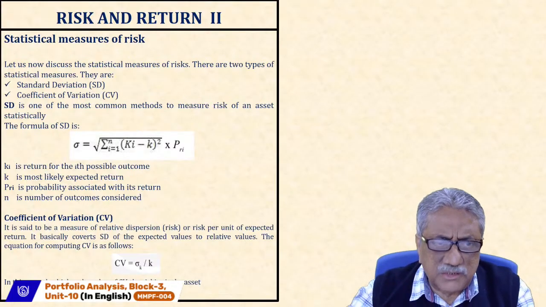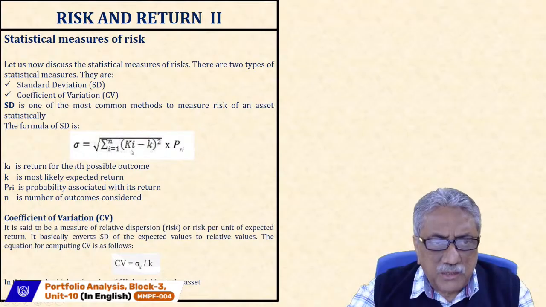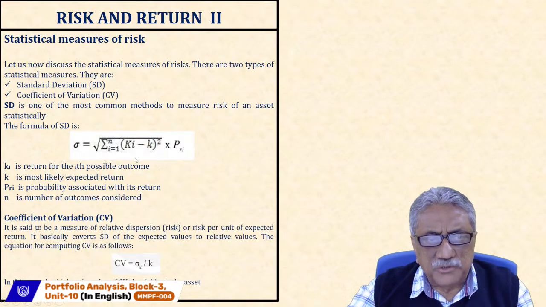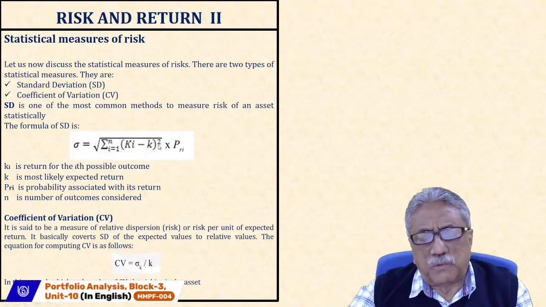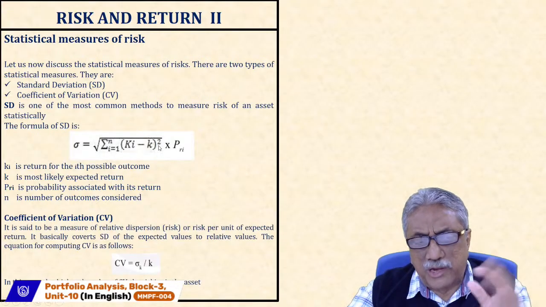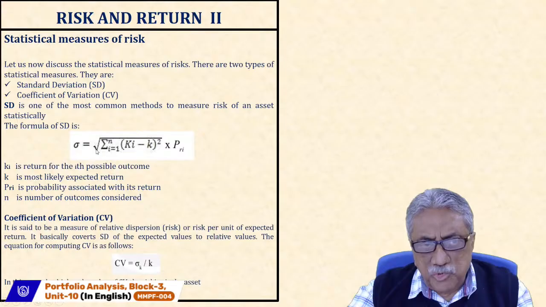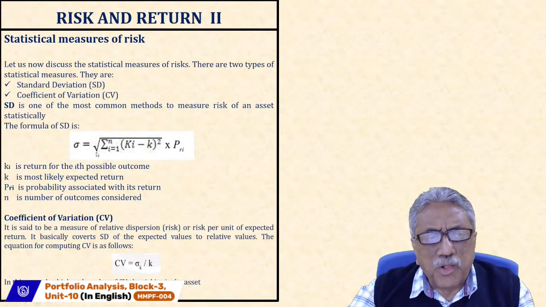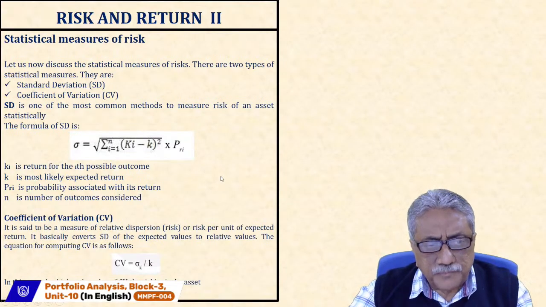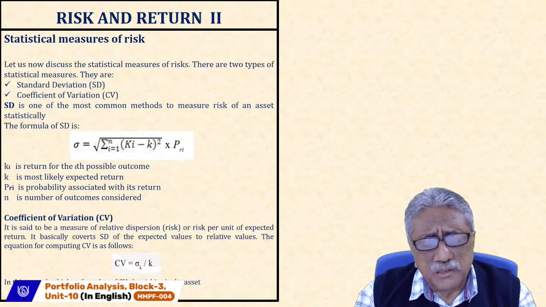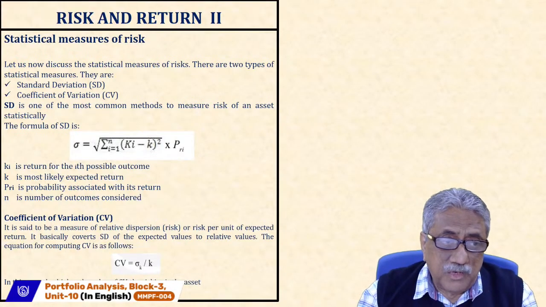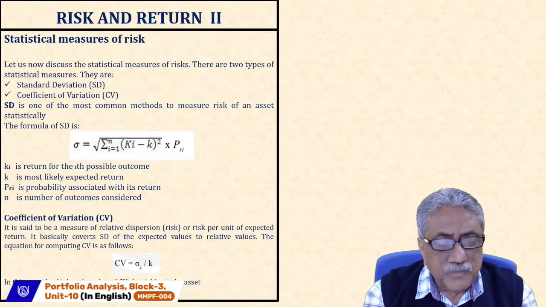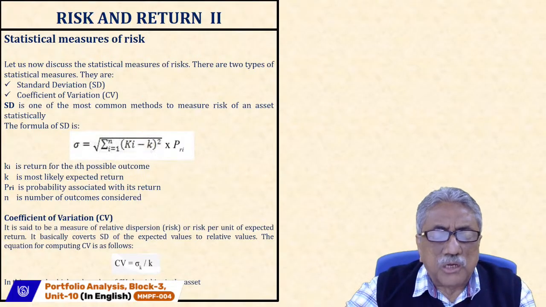So the formula is this, where you take the average and then subtract it from the different outcomes and square it, because there can be negative outcomes, there can be positive outcomes. If you square, everything will be positive. Then you add it up, take a square root and multiply by the probability. That's how you get the standard deviation. The higher the standard deviation, the higher the risk. The lower the standard deviation, the less risky the stock.